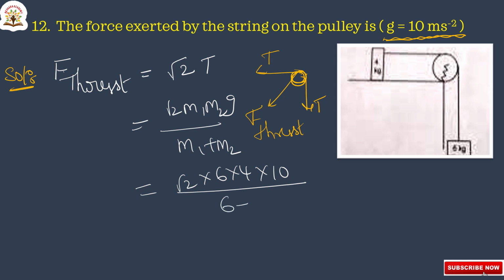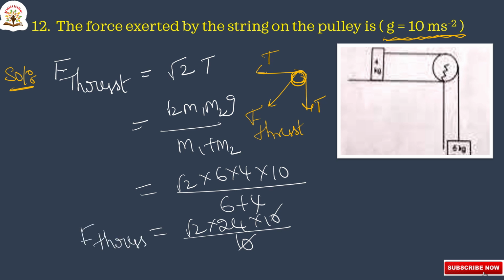So that is equal to root 2 into 24 into 10 by 6 plus 4, which is 10, and the 10s cancel. So F thrust, the force exerted by the string, is root 2 into 24.